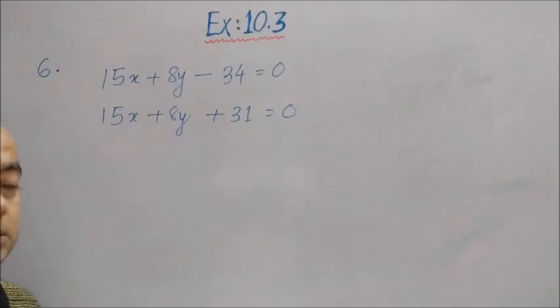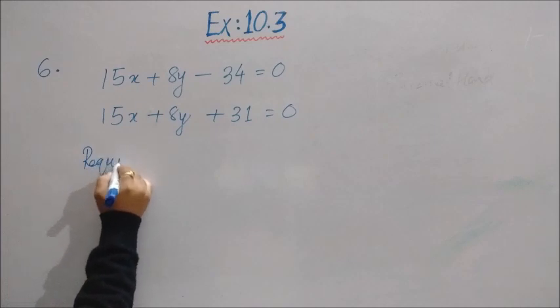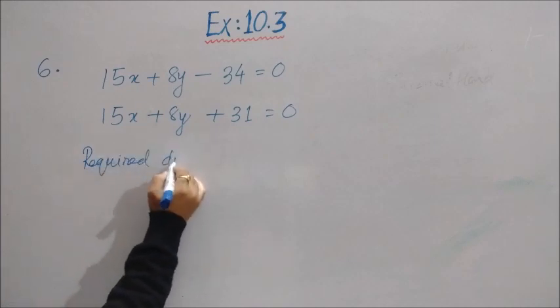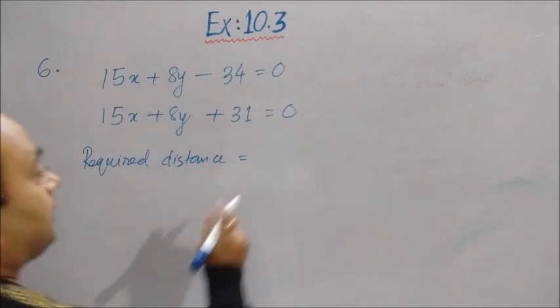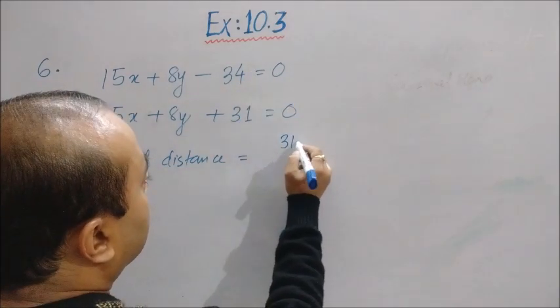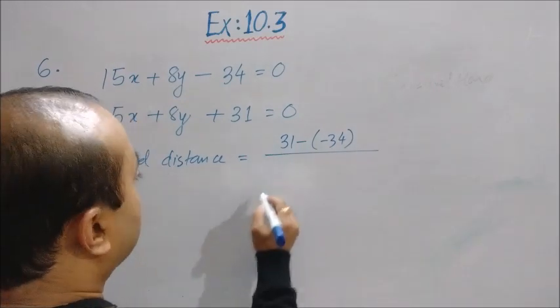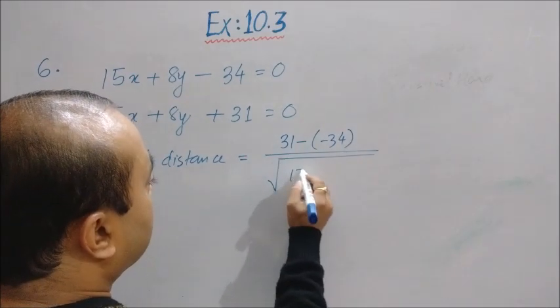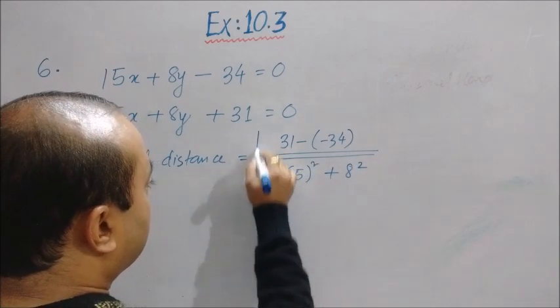Question number 6. We have to find the distance between these two parallel lines. So we will write down the required distance. Required distance is equal to mod of 31 minus 34 divided by square root of 15 square plus 8 square.